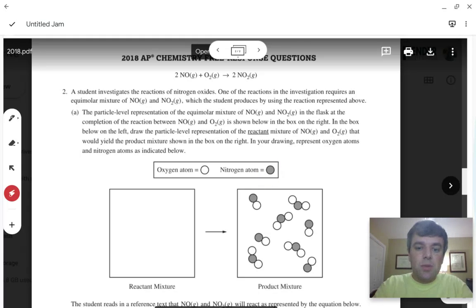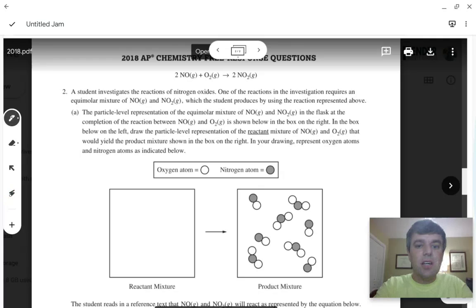If we look at this, we can count how many nitrogens and oxygens we have. We have 8 nitrogens, and then we have 12 oxygens. Well, each nitrogen was combined with an oxygen to start with.